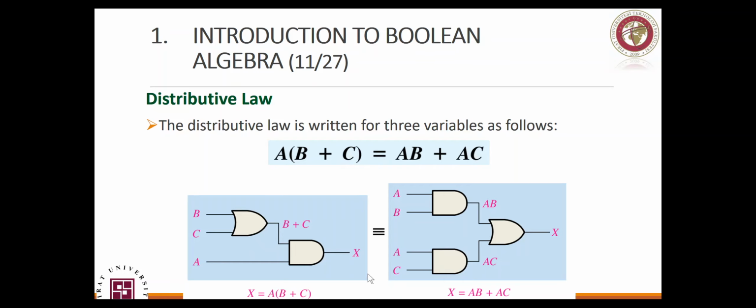And if you look, these are equivalent, meaning what? We are just representing here B or C first, then ANDing them with A. So A and (B or C) is equivalent to ANDing A and B, A and C, then ORing the outcome. It's equivalent. I don't say equal.